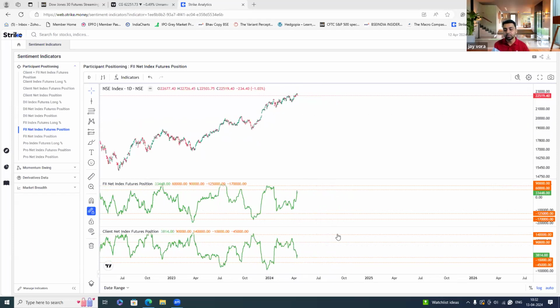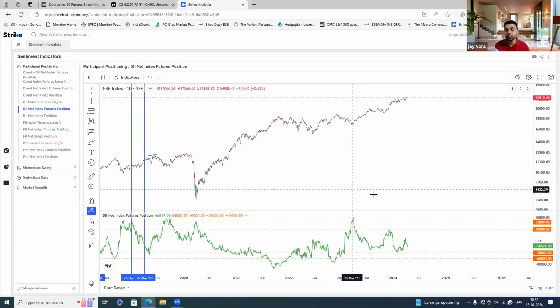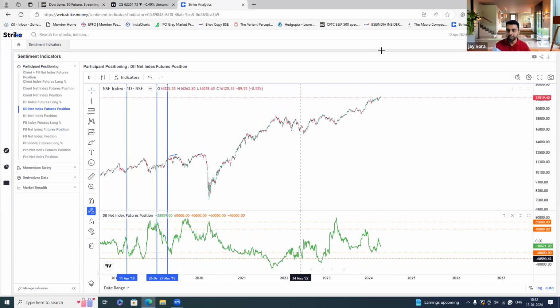But yes, see, this is how y'all can gauge the sentiment based on the positioning of the participants. Even DIIs have become extremely important in the past 2-3 years, and their signals have also done wonders, right? So when the market was rising higher, first thing is that DIIs का भी positioning is very similar to how clients behave.